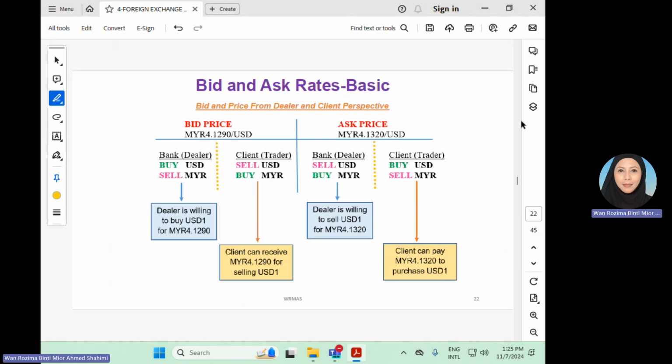Because you have to exchange the position: from ask become bid, from bid become ask. Why is that? Because bid is always smaller than ask. If you divide 1 by this and 1 by that directly, the bid would come out bigger than the ask price. That is wrong.